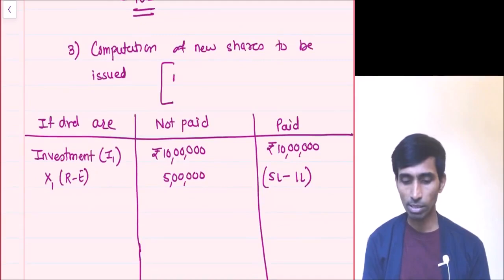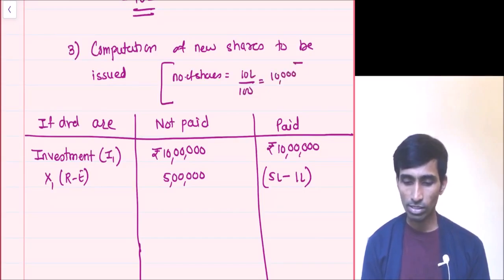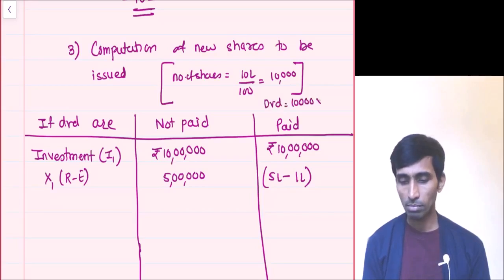You also note it. Number of shares is equal to equity capital 10 lakhs divided by 100, so it comes to 10,000. So dividend is equal to 10,000 multiplied by 10, which is 1 lakh.